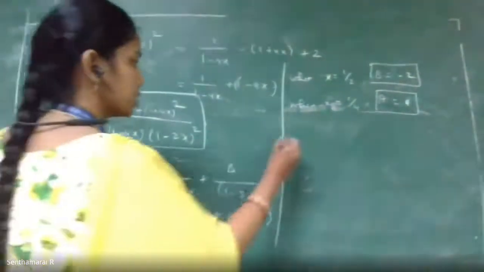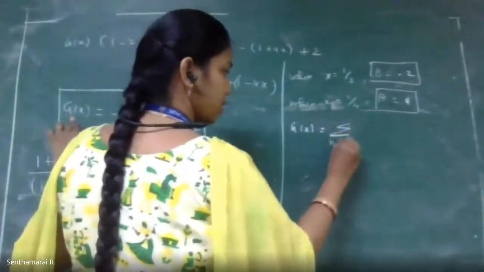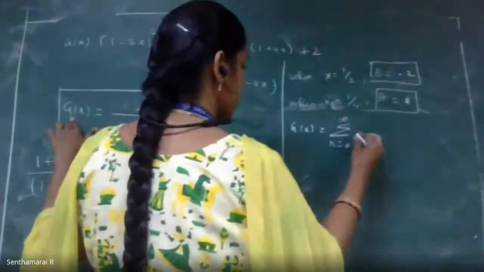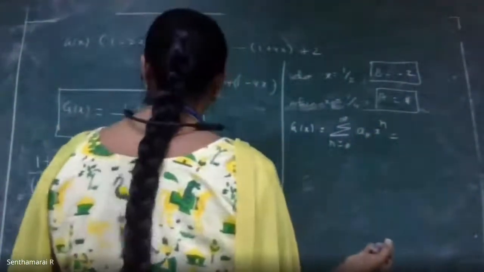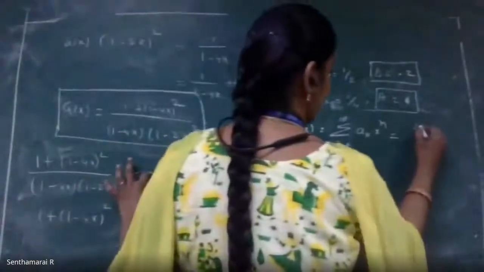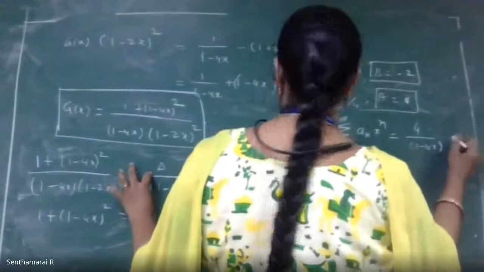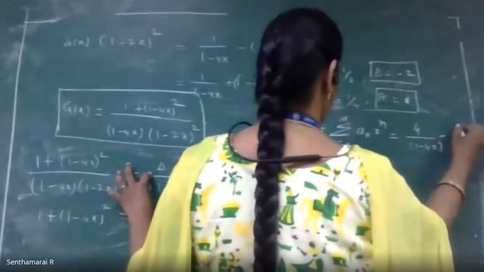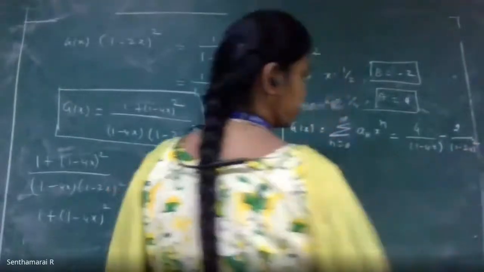So that I can write G of x, which we already know very well, which is nothing but summation n equal to 0 to infinity a n x power n, that is equal to, A is 4, 4 by 1 minus 4x plus, minus we can write, because B is negative, minus 2 by 1 minus 2x whole power 2.